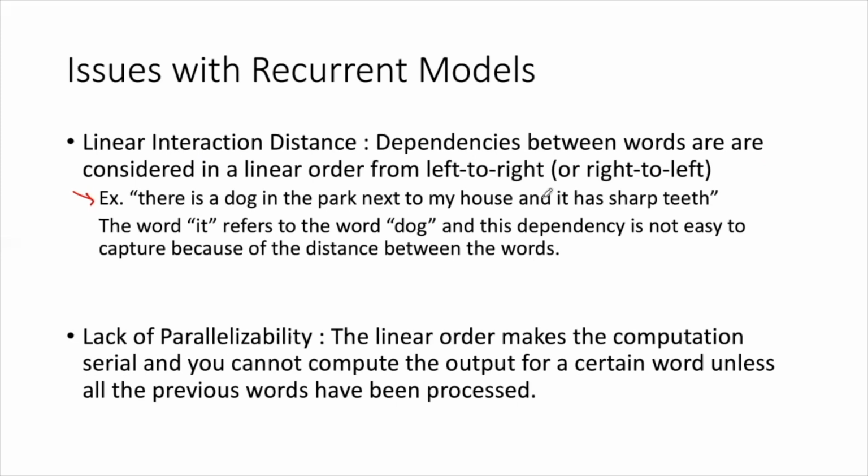With the introduction of GPUs, parallel computation is really fast, but we are not able to exploit it because of this linear dependency. We have to go one word at a time, so we are not able to reap the benefits of GPUs. These are the two main issues for recurrent models. Because of this lack of parallelizability, the training time also increases. That's another effect.